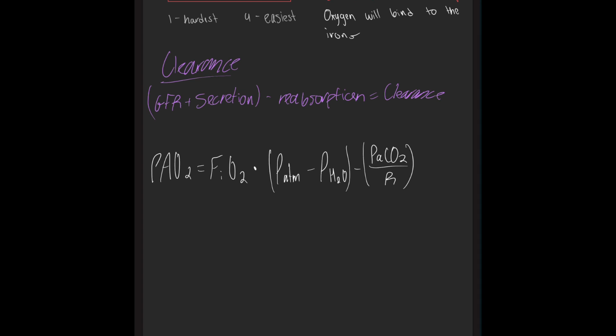Cool. So, how would this be useful in clinicals? We need to understand our oxygen efficiency. By calculating PAO2, we can compare the gas of the blood. It really helps us identify hypoxemia and stuff like that.